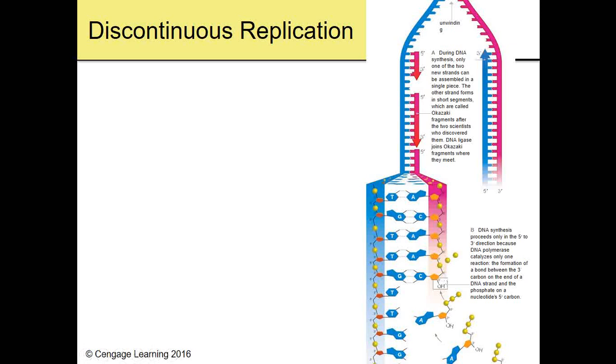The 3 prime end is where we have to add new nucleotides, and that's why going on this side is easier. On this side, because the 3 prime end is pointing down, we have to do them in strips, so we have to do them kind of backwards.